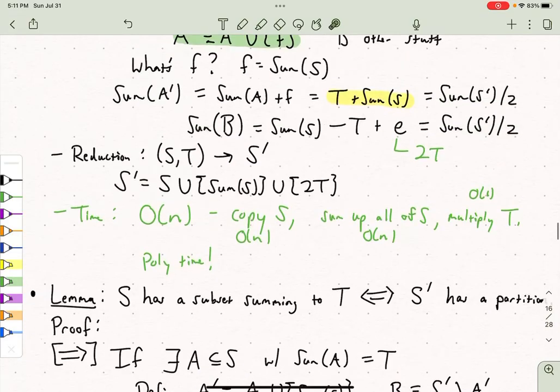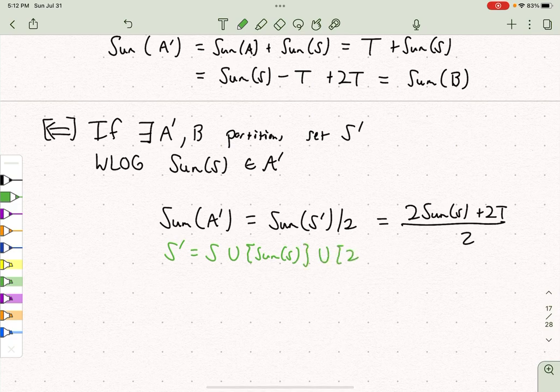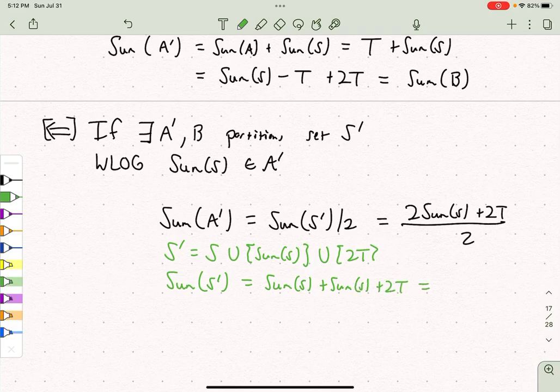Remember, S prime is equal to S union sum of S union 2t. So the sum of S prime equals the sum of S plus the sum of S plus 2t, which equals the numerator.